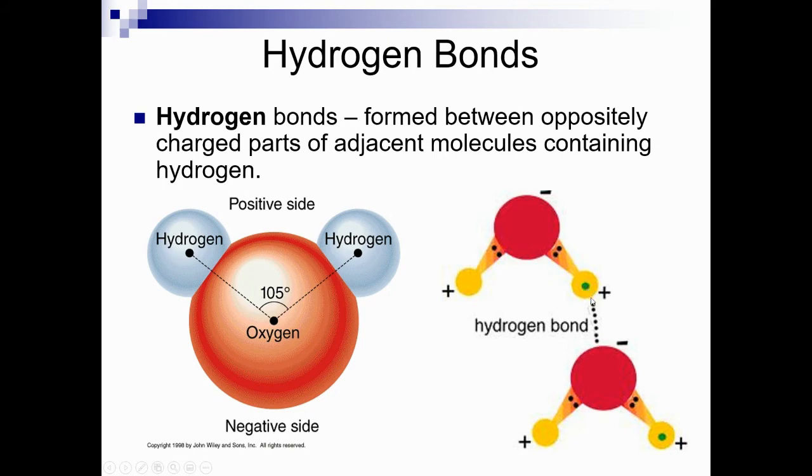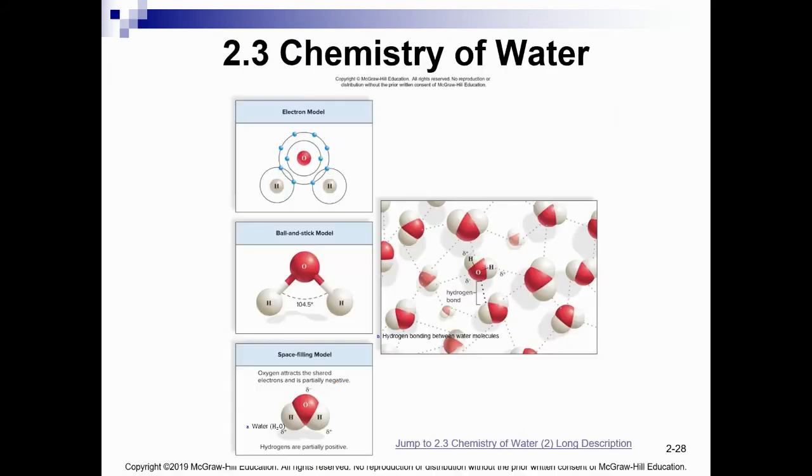That hydrogen side of the molecule is attracted to the slightly negatively charged oxygen side. This is called hydrogen bonding. When I get oppositely charged parts of adjacent molecules, so I have polar covalent bonds giving me polarity to my molecule, giving me a positive and a negative side, and then those positive and negative sides in two adjacent molecules are attracted to each other.